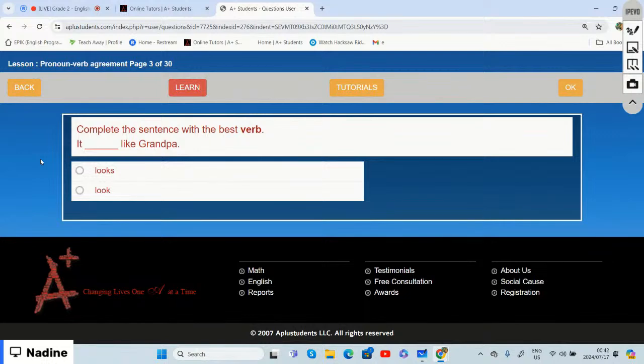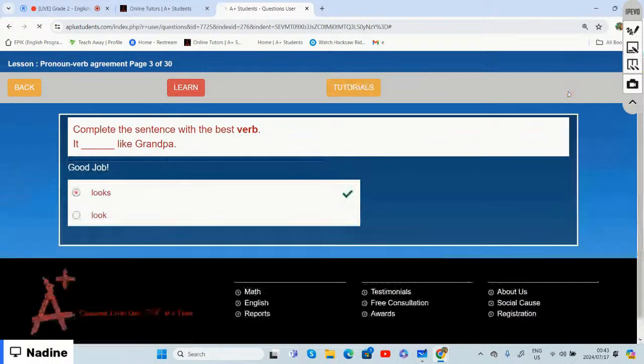Which one is correct? So if we were to choose the correct one, we will say it looks, which is option one, like grandpa, because we refer to it as in one person or thing, right?